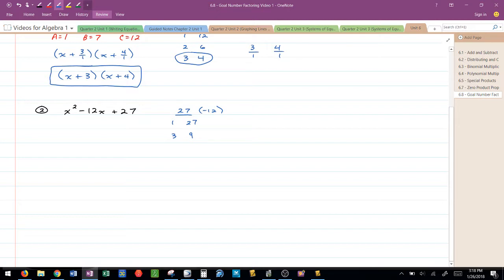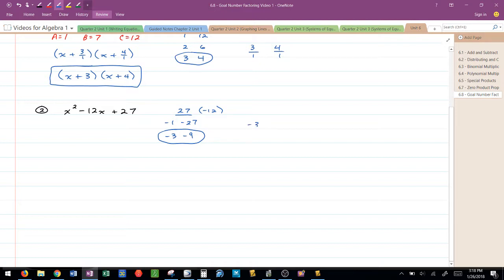That's all the factors. I need these two numbers to multiply to give me 27, but they have to add to give me a negative. That tells me that both of these pairs should be negatives. The one that adds to give me negative 12 is negative 3 and negative 9. Negative 3 minus 9 is negative 12.